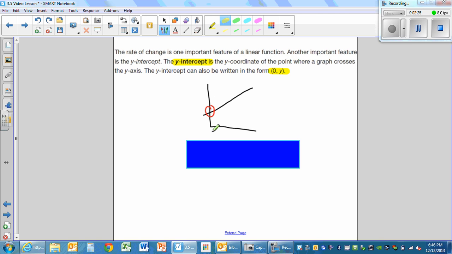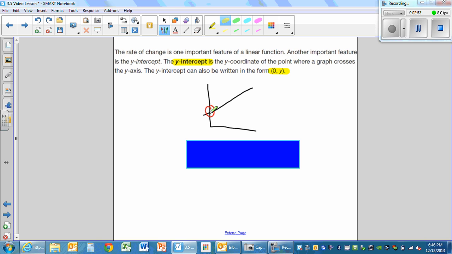So for example, if we are starting out 5 miles away from home at a gas station, and we're going to drive home, if I travel for 0 minutes, I'm still 5 miles away from home.